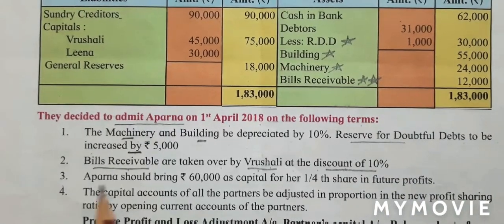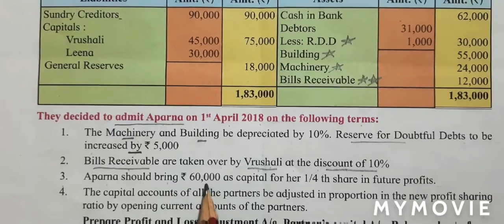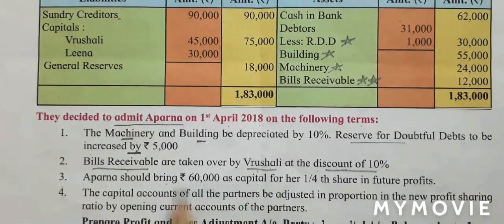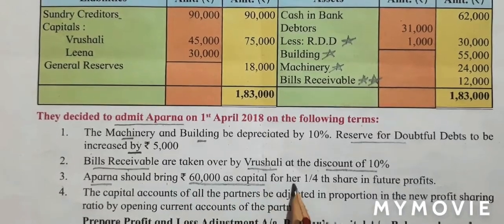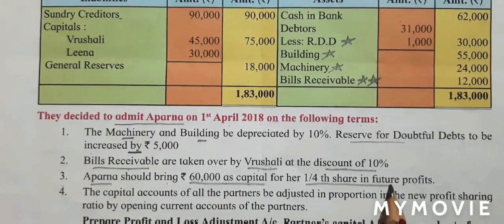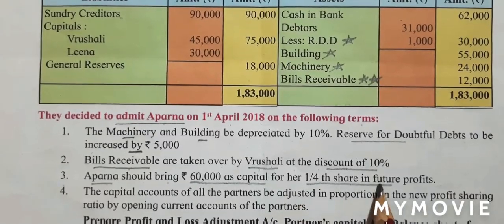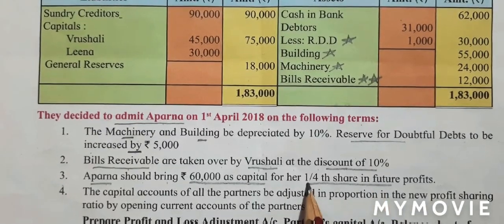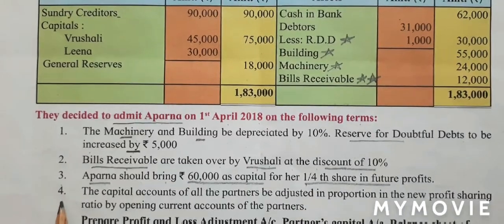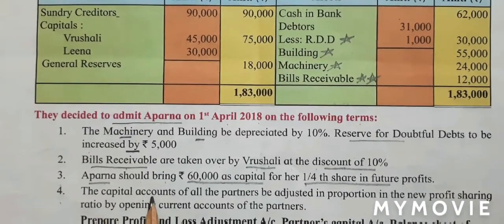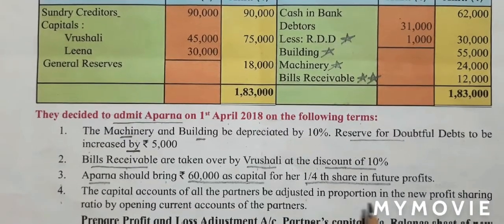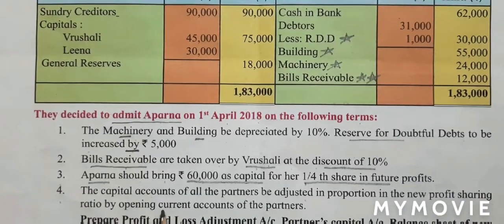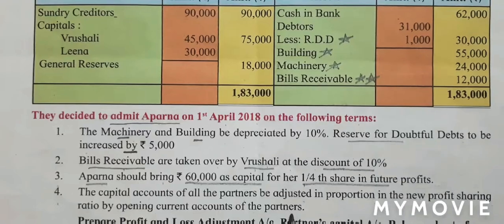Adjustment number 3. Aparna should bring 60,000 as capital, which means the new partner is bringing 60,000 as capital for her 1/4 share in the future profit. So this is an information that her profit for the future is 1/4. Number 4, the capital account of all the partners be adjusted in proportion in their new profit sharing ratio by opening current accounts of the partners.